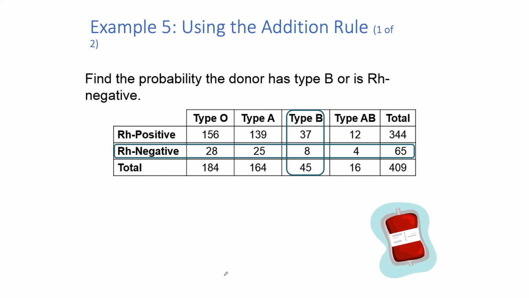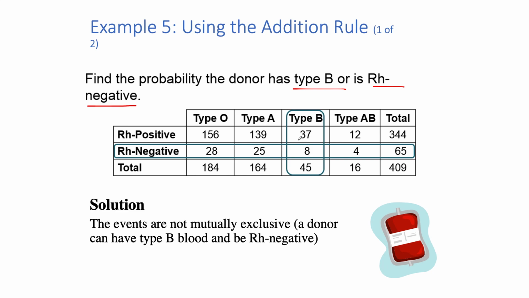This is a more involved situation. I think this would really fix ideas. Find the probability that the donor has type B or is Rh negative. Consider the situation. You can be type B or you're Rh negative.